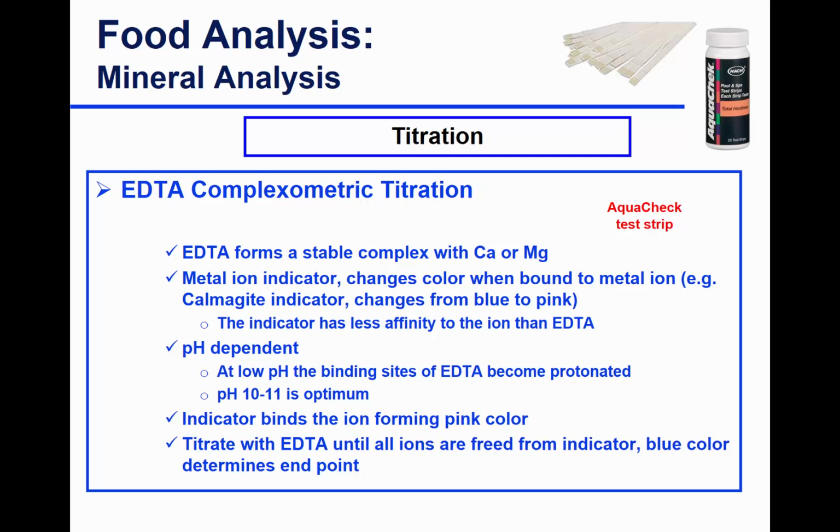With the sample, you add an indicator. This is how it works. This indicator will change color from blue to pink when it binds to calcium or magnesium. Let's say bind to calcium in this case. When you have the indicator in the sample, it's going to bind to the calcium in the sample. When you titrate with EDTA, the EDTA has higher affinity to calcium than the indicator, so the calcium will go from the indicator to the EDTA.